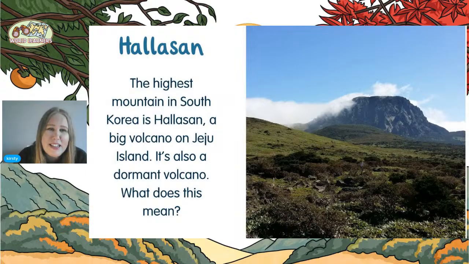And here is Hallasan, the highest mountain in South Korea. It's a big volcano on Jeju Island. It's also a dormant volcano. What does that mean? What does a dormant volcano mean? What do you think? Any ideas what a dormant volcano means?